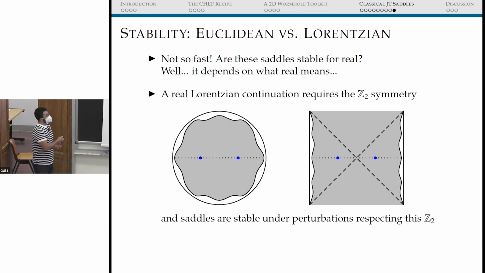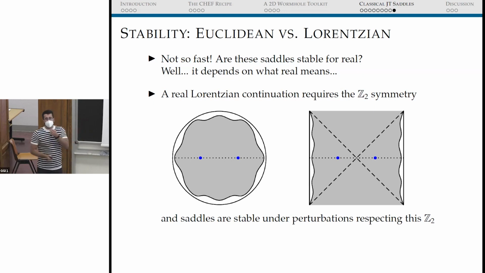If we are performing some path integral that eventually corresponds to some Lorentzian theory, we should expect some existence of continuation to Lorentzian time that is real. And that requires a C2 symmetry. If you impose this C2 symmetry at the level of the configurations you integrate over, then the saddles I was showing to you are stable. So they should contribute to the path integral.